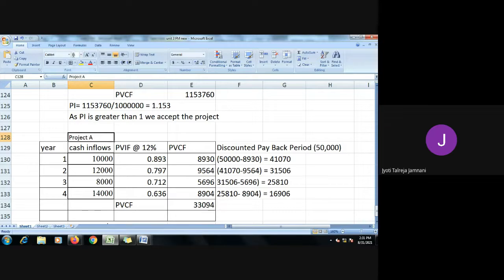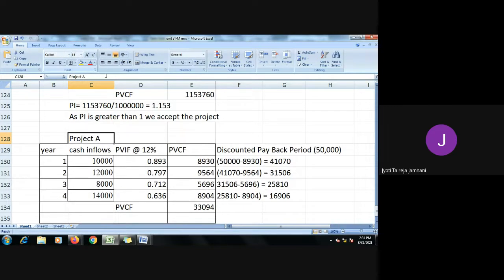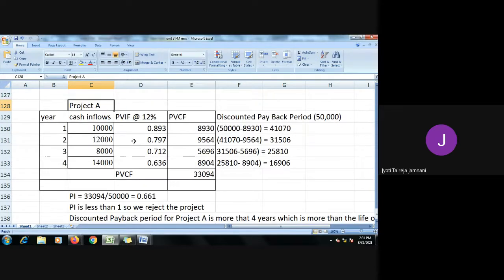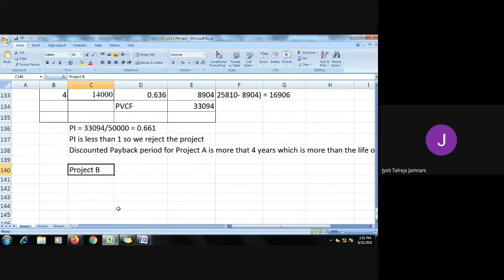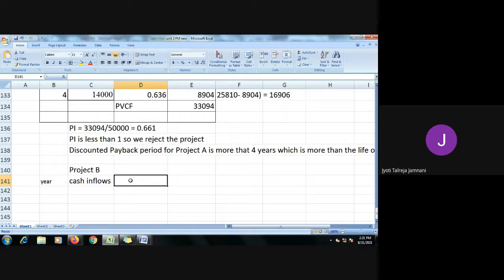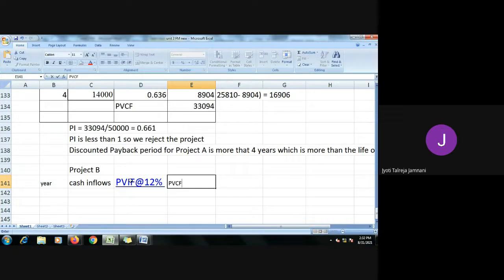Otherwise, we'll go for project B. Is it clear with everyone? Yes, any doubts, anybody?